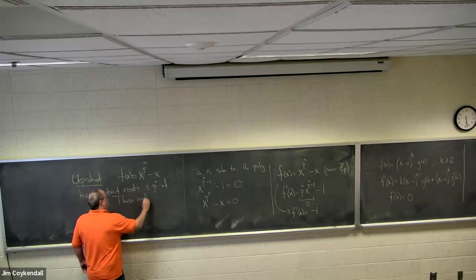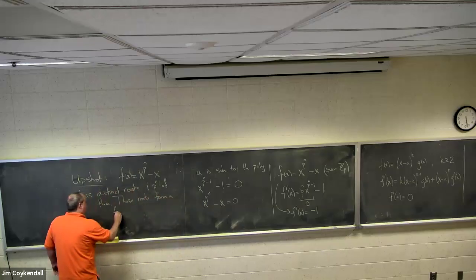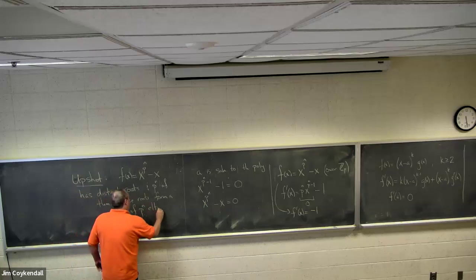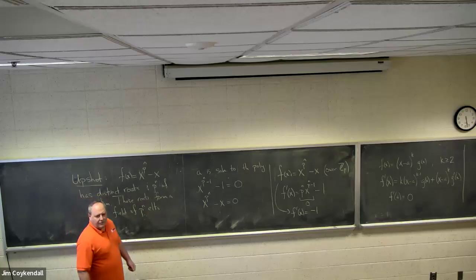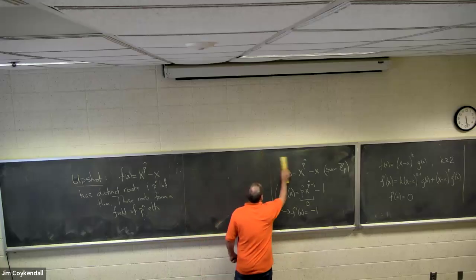The roots form a field of p to the n elements. For ease of computation, I'm going to do my computations over small fields. I'm going to show you how this works.